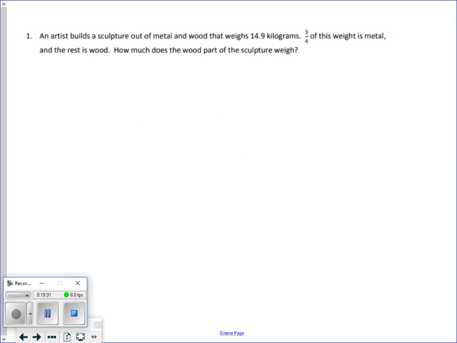So an artist builds a sculpture out of metal and wood that weighs 14 9/10 kilograms. 3/4 of its weight is metal and the rest is wood. How much does the wood part of the sculpture weigh? I've had countless students in the past use this. 3/4 is metal.